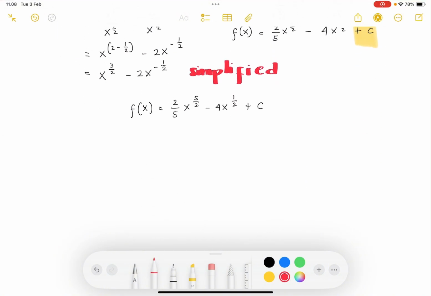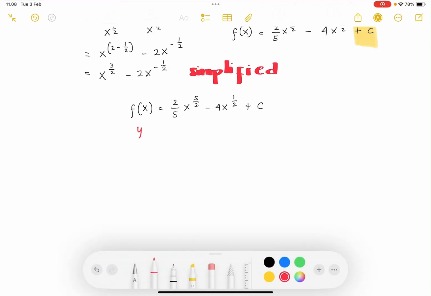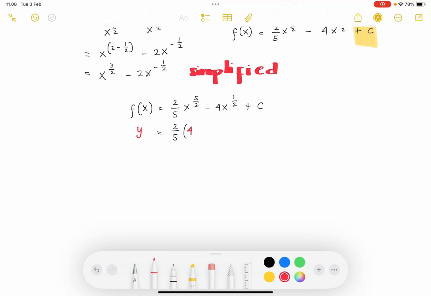You put there. Remember, what is the other name of f(x)? Correct, y. 2 over 5, x, you put here 4 to the power of 5 over 2, minus 4, and then here also, sorry, this needs to be 4, and then here 4 to the power of 1 over 2 plus c.